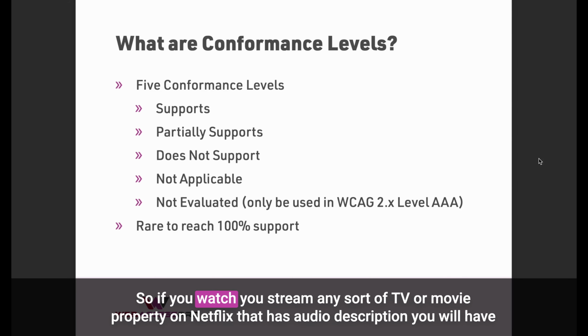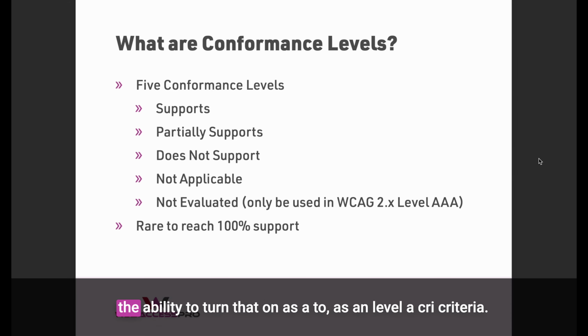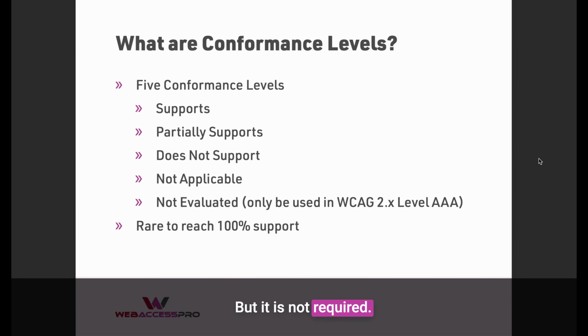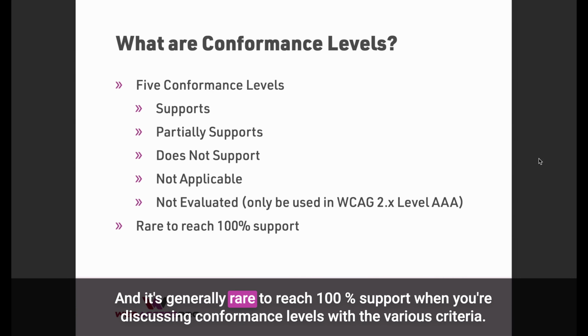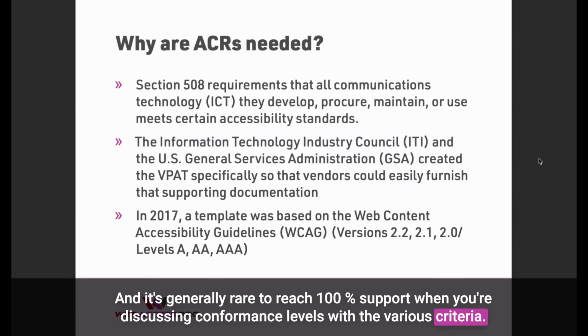So if you stream any sort of TV or movie property on Netflix that has audio description, you will have the ability to turn that on as a level AAA criteria, but it is not required. Netflix went all the way once it lost that lawsuit to make sure that it was not just meeting the standard, but went above the standard. And it's generally rare to reach 100% support when you're discussing conformance levels with the various criteria.